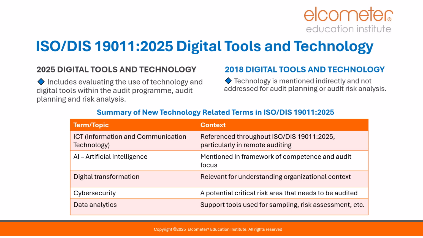These requirements are referenced in clauses involved with risk-based approach and the context of the organization. In contrast, the 2018 version only references technology in a general or indirect manner and does not explicitly address its application in audit planning or risk analysis.